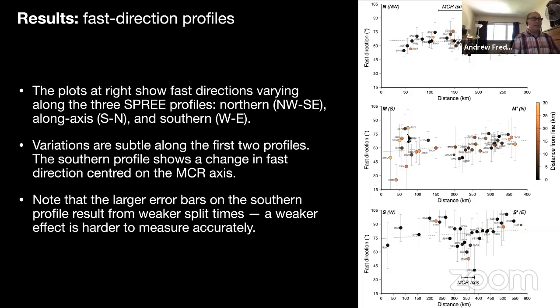That's because the more southern measurements have more scatter in the trend of the results, but also the results have bigger error bars. And that's simply because weaker splits are harder to measure, and the split times are smaller in the south. But nonetheless, you can still see there's a definite trend with the MC. Note where the mid-continent rift axis is here. You can see that there is a definite rotation of the orientations compared to the flanks of the rift. I'll come back to that later.